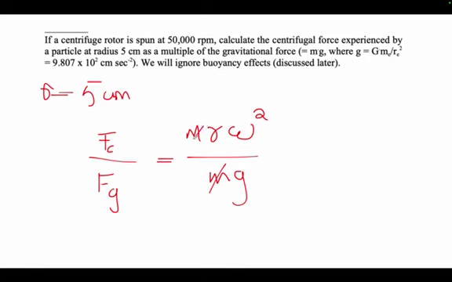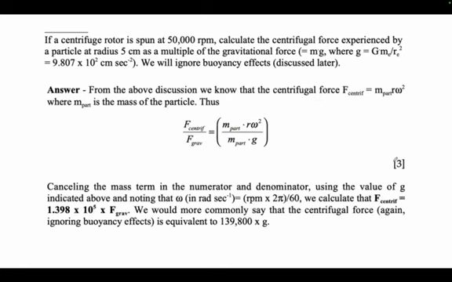So r we know is 5 centimeters into 50,000 rpm, which is 50,000 into 2 pi by 60, right?